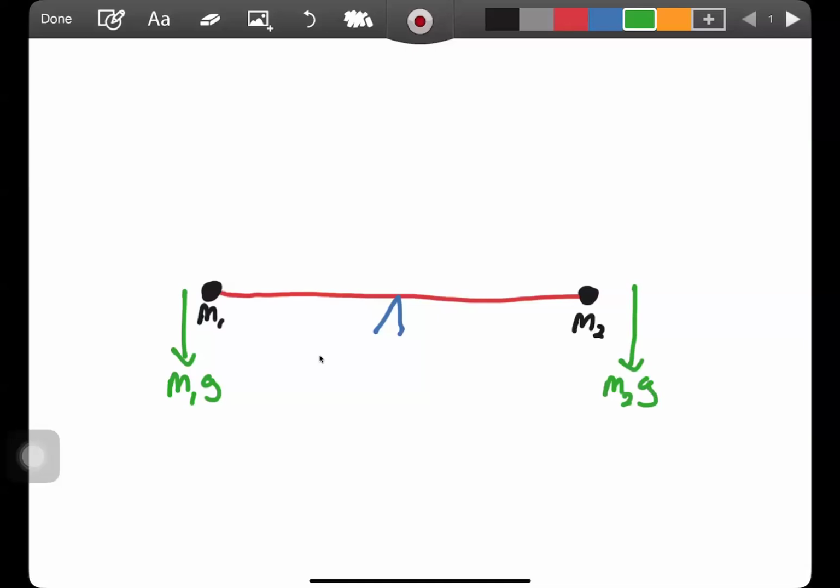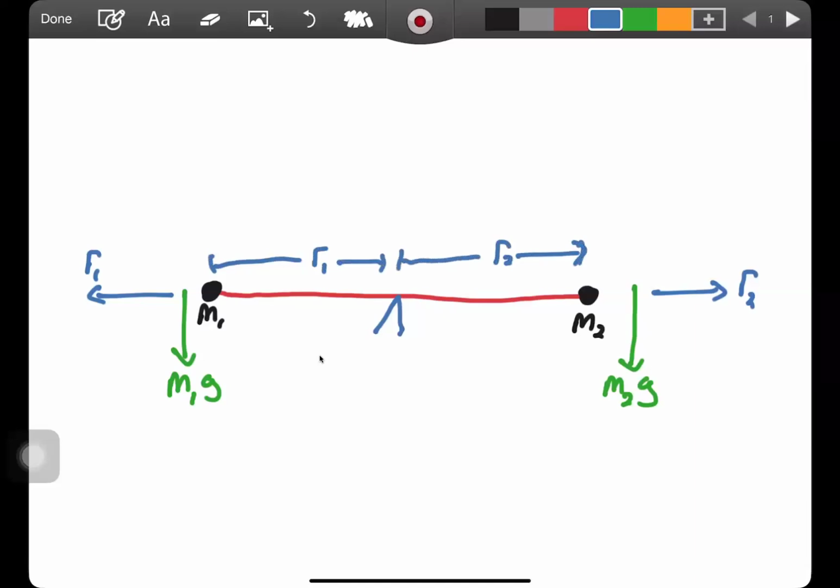And so there's two different lever arms here. You have R1 and you have R2, and you can just simply imagine that R1 is going to have a magnitude from the fulcrum out to the first person, and R2 is going to have a magnitude from the fulcrum out to the second person.